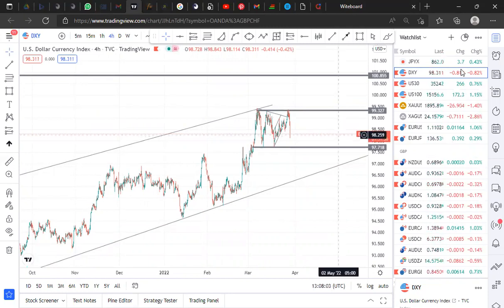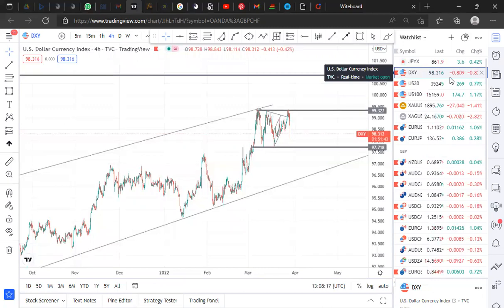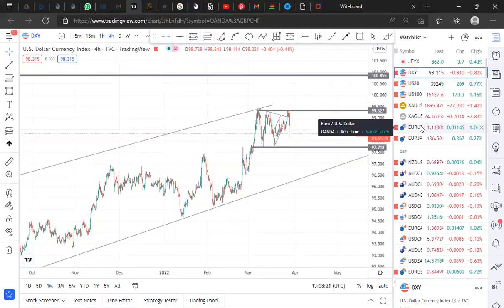Whenever there's a high possibility that the DXY is going to gain strength and be bullish for that week, there's a lot of possibility that other pairs are going to sell against the dollar.